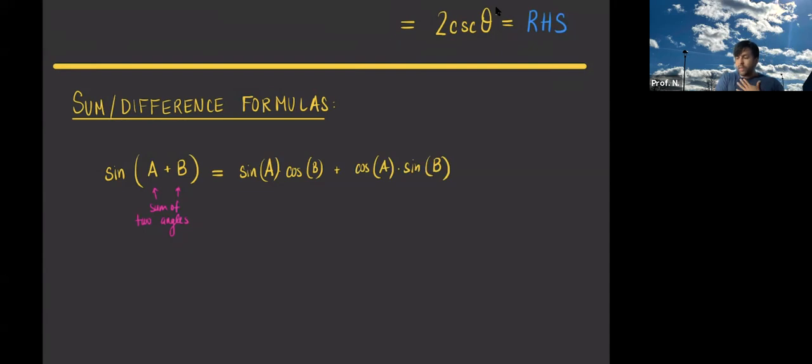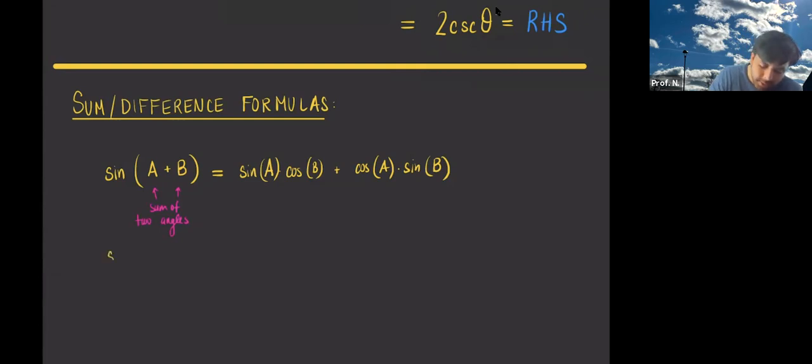You can prove that this is true, but we're not going to consider that right now. We're just going to be using these formulas. So the sine formula for the sum is what we have here: sine A cosine B plus cosine A sine B.